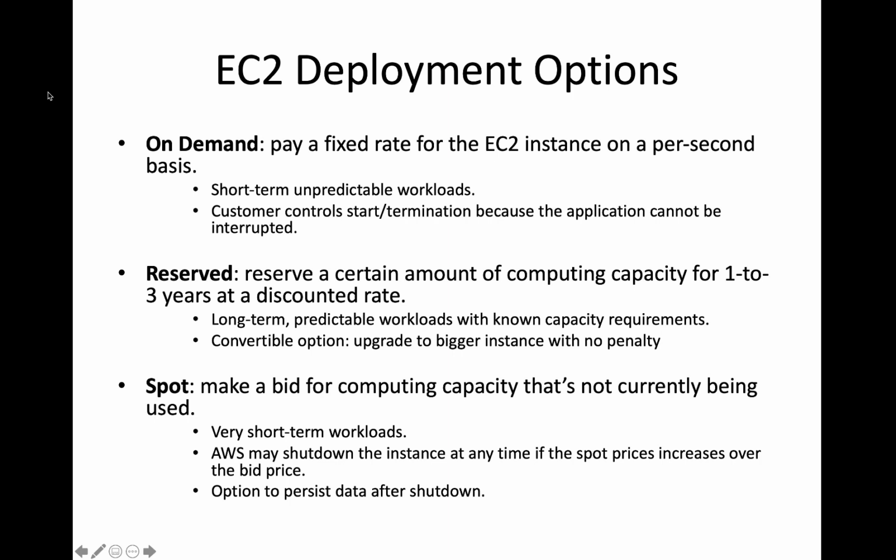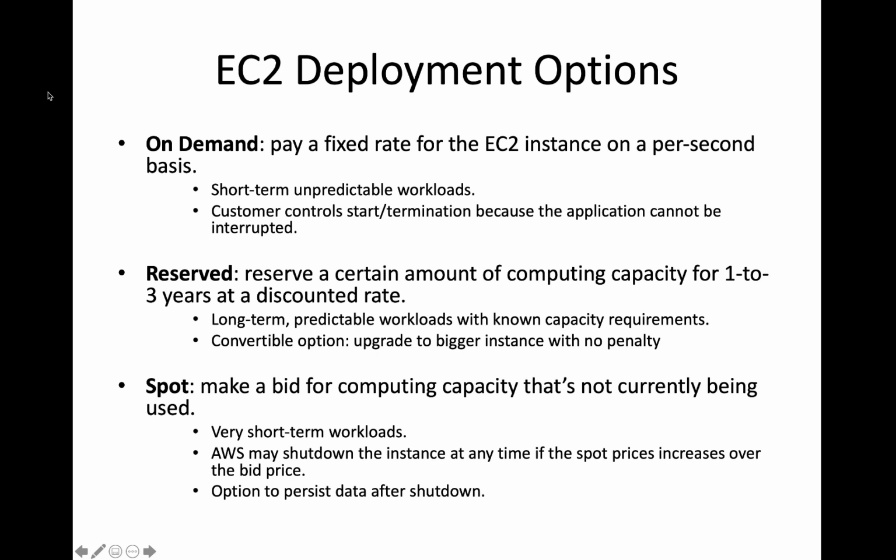The second deployment option is what we call the reserved deployment option. With the reserved deployment, you are basically contractually bound to using an EC2 compute instance for a certain amount of time. And so what you're telling AWS is that you're willing to use an EC2 instance for the next 1 to 3 years.